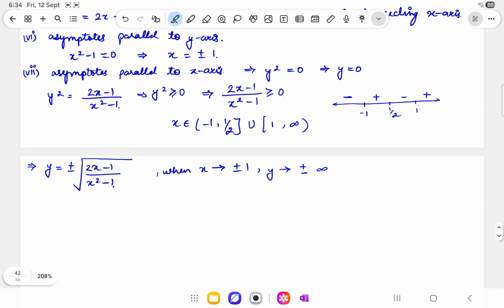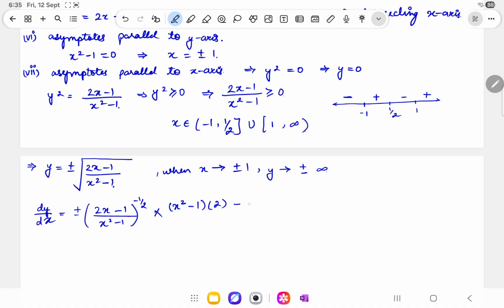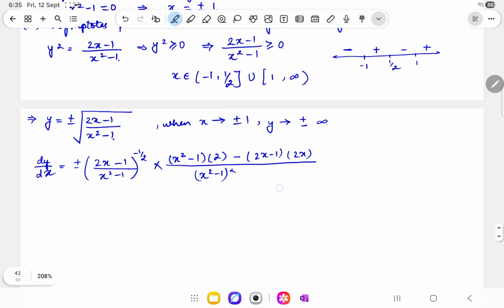Also, if I find dy by dx from here, that will be basically plus minus 2x minus 1 divided by x square minus 1, to the power minus 1 by 2, into the derivative of that, which will be x square minus 1 into 2 minus 2x minus 1 into 2x, divided by x square minus 1 whole square.